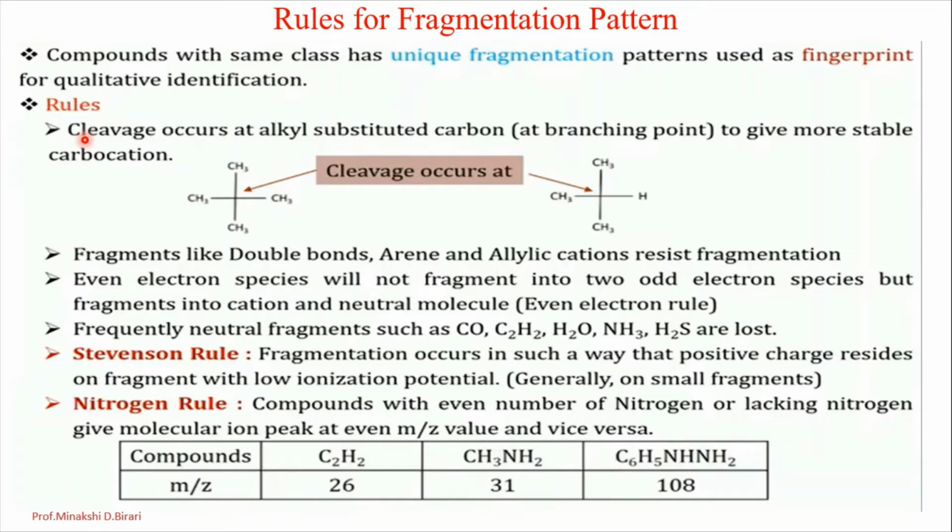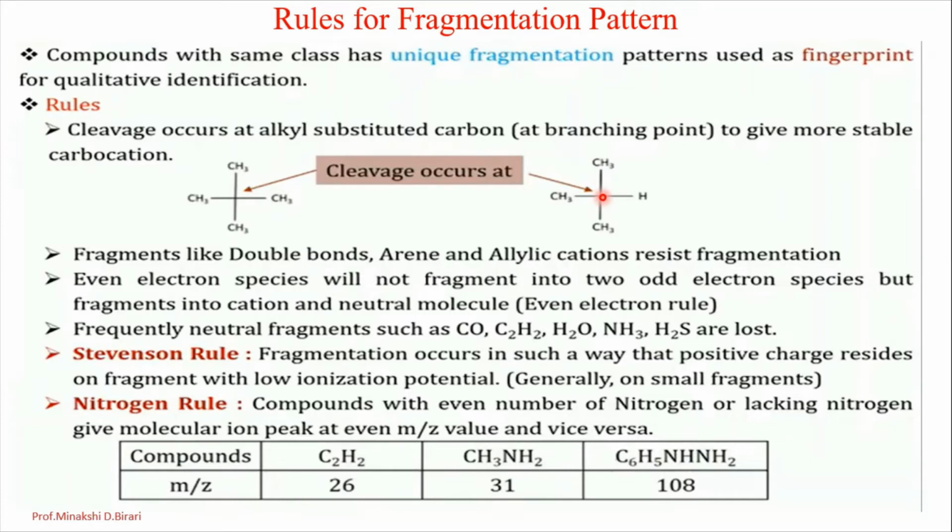So first important rule, the cleavage occurs at an alkyl substituted carbon or at the branching point to give the most stable carbocation. So here when we take the example, the cleavage occurs at this carbon atom, and in this case the cleavage occurs at this carbon atom.